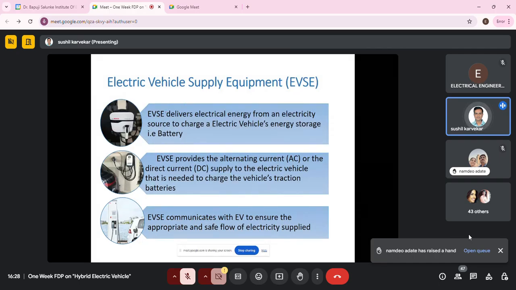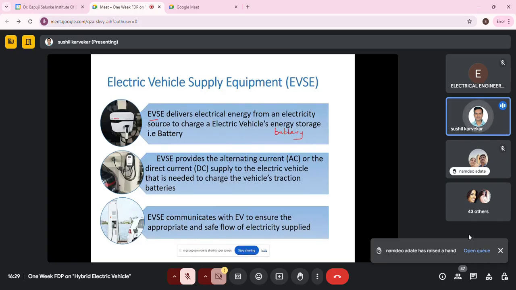Now EVSE is equipment that is going to deliver electrical energy from an electric source. Typically it will be the power source present in our house or a charging station, in order to charge the electric vehicle energy storage, or I can simplify by saying a battery. So EVSE is going to deliver the required amount of electrical energy to the battery of the electric vehicle.